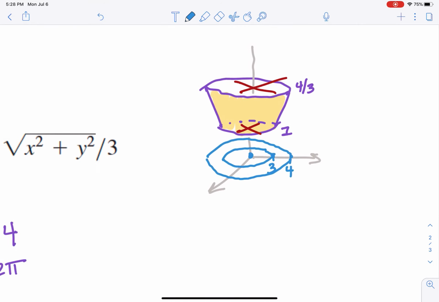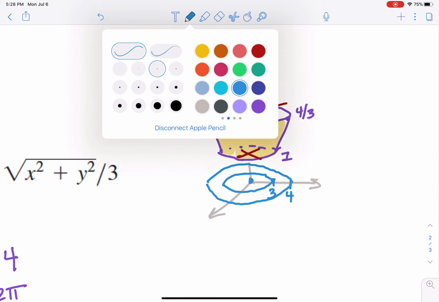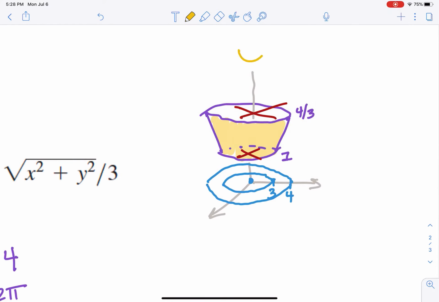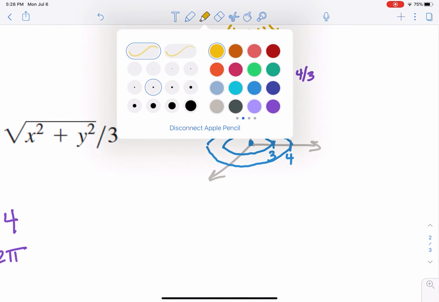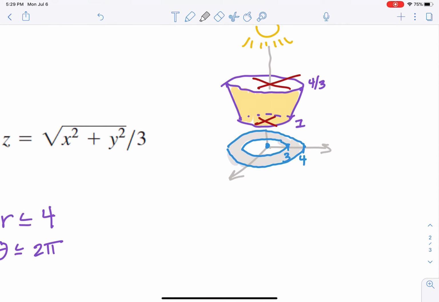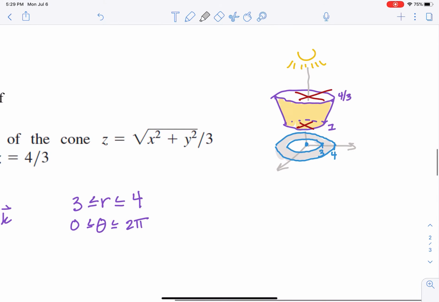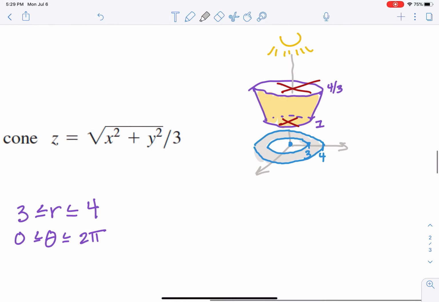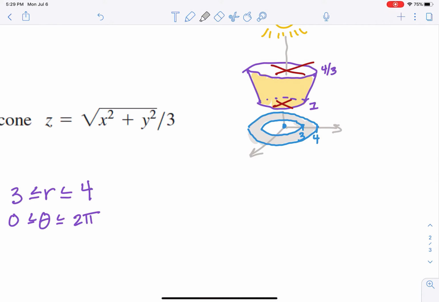If you were to shine a light down from the top, the shadow it would cast on the xy plane would look like the r bounds, which is exactly what it should be. So that means that we set up the region right, and we set up the bounds on our parameterization right, because r does not include the base and the top. Otherwise, it would be fully closed in, if that makes sense.